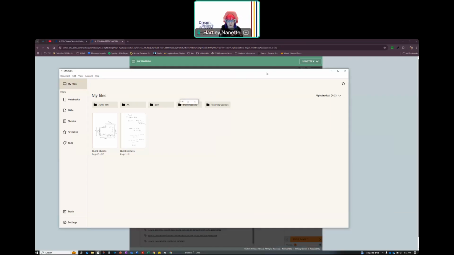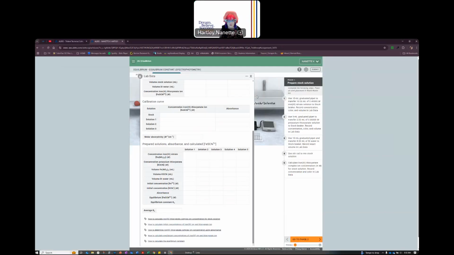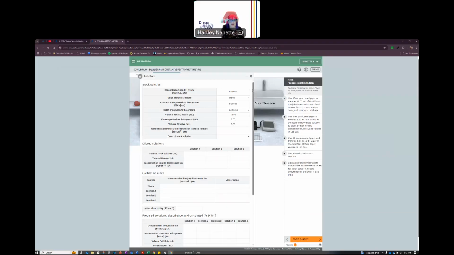So the data that we collected, look at our data over here. The concentration of the iron thiocyanate that we had was 0.4000, right? But let's look at the information that they gave us and see what they're talking about.